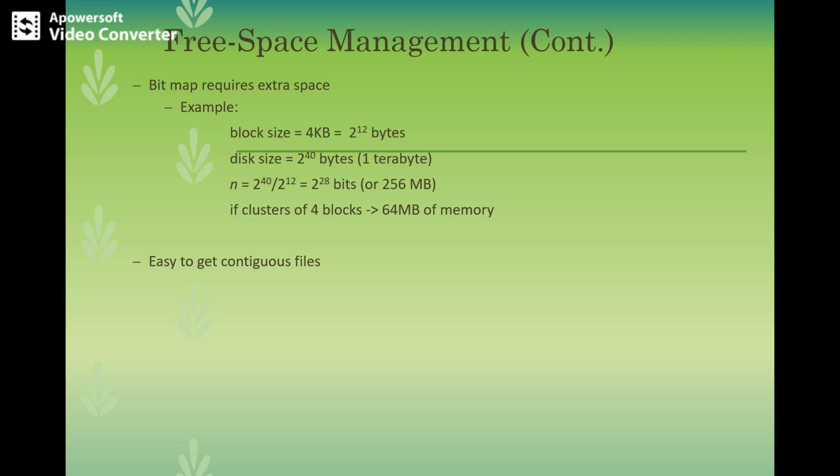If there are clusters of 4 blocks, it represents 64 MB of memory. The advantage of the bit vector is that it is easy to find a free block and it is as small as possible. The drawback is that it may not be feasible to keep the bitmap in memory for larger disks.